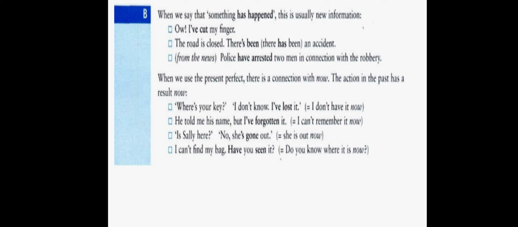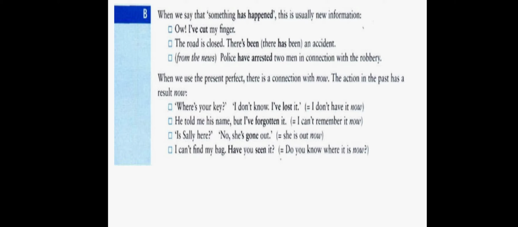So when we speak about recent or very recent past actions, then we use the present perfect. What is meant here by very recent past? I mean newly happened actions, a very short time ago, where the effect is still there.